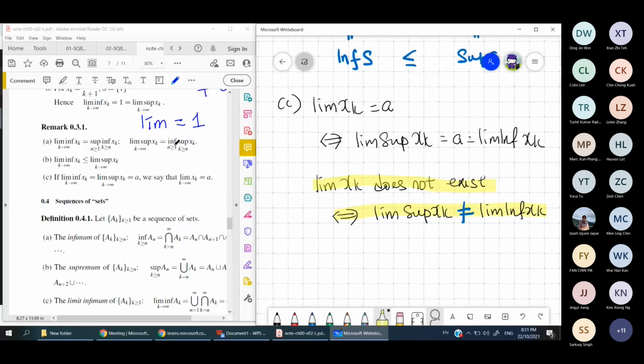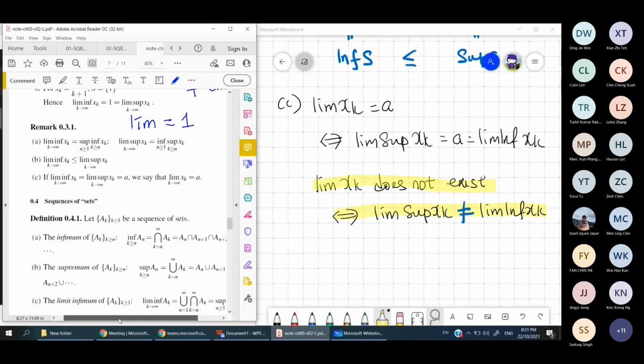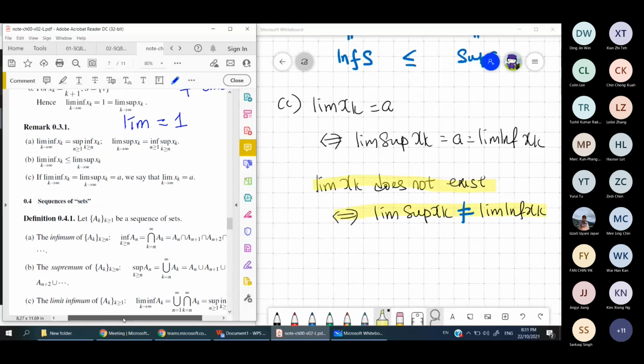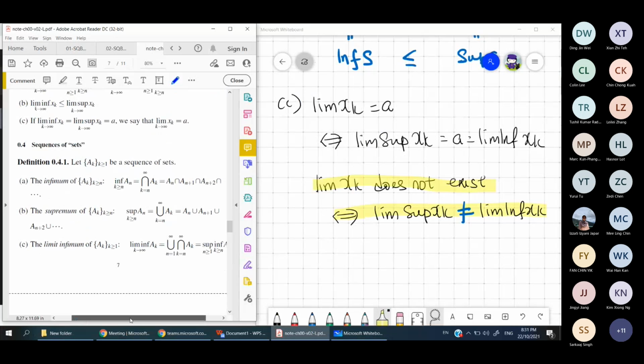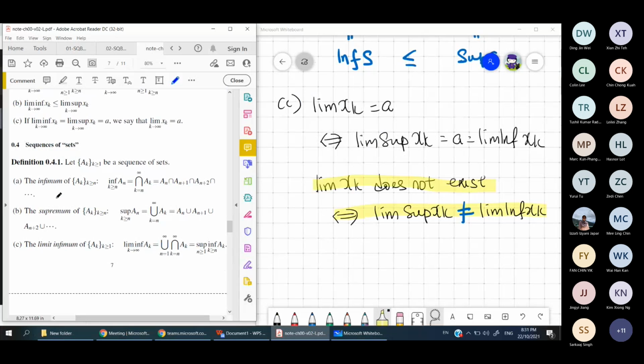Okay, up to this point, we are talking about the limit for a sequence of numbers. Now we proceed to a sequence of sets. To define the infimum and supremum for a sequence of sets, we use these properties.